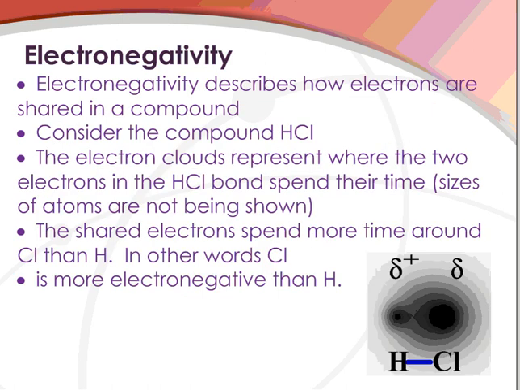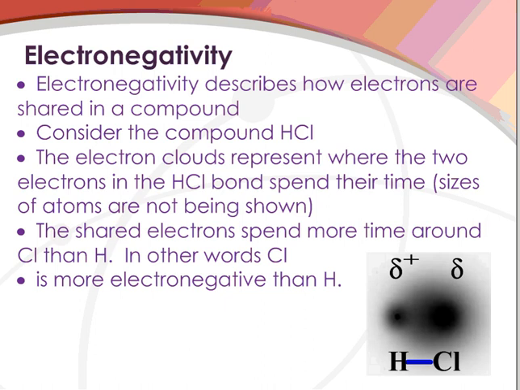When you have a difference in electronegativity, that's where you could get a polar molecule or a polar bond. So let's recap electronegativity and what it means. It describes how electrons are shared in a compound. And sometimes one atom within a molecule hogs the electrons more than the other. So let's consider the compound hydrochloric acid, HCl.